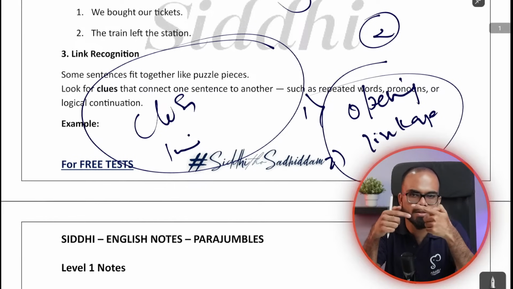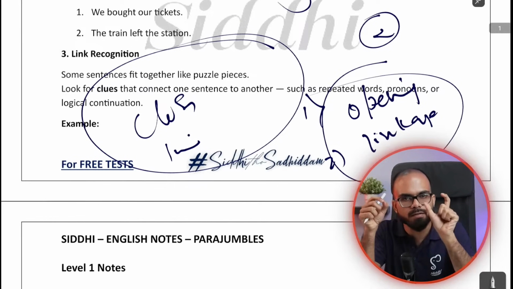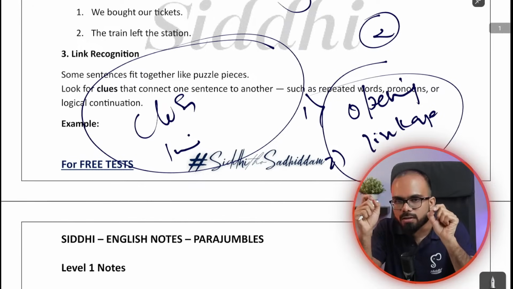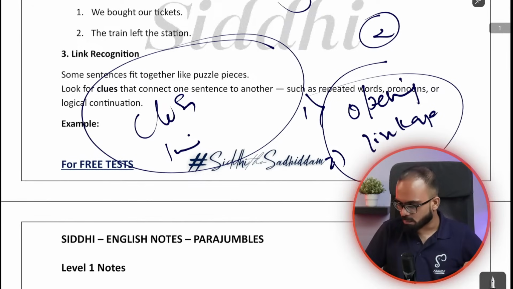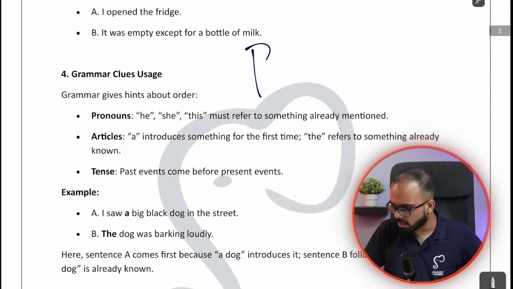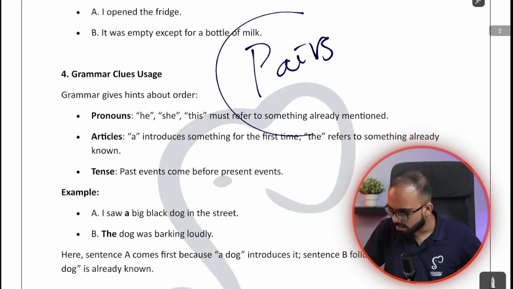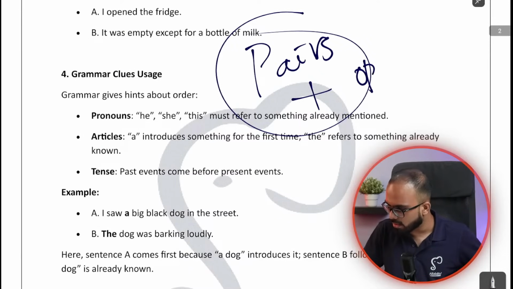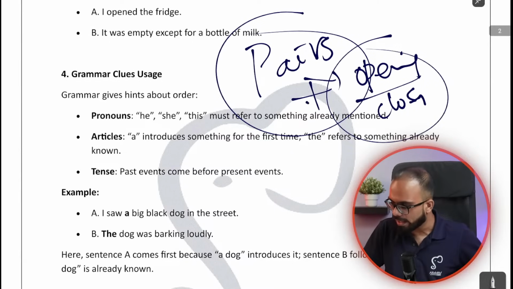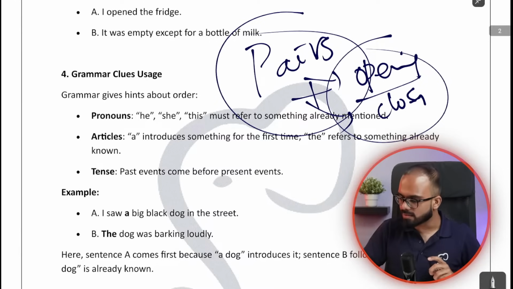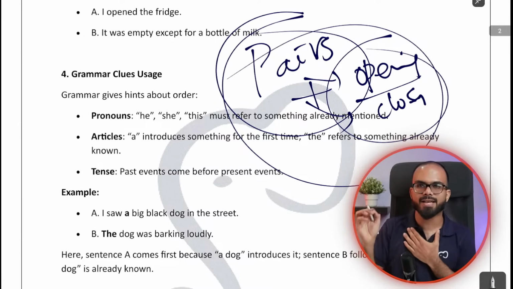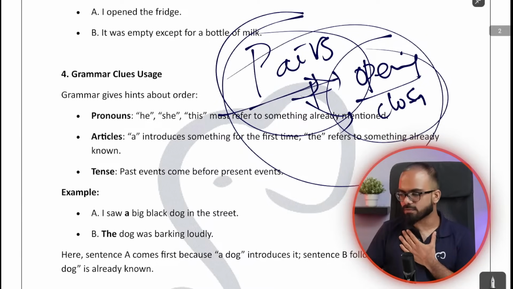This is a sequence. Wherever this pair is, it should be only in this manner. If you identify the pair and either an opening or a closing sentence, then you can definitely handle PQRS questions very, very easily.